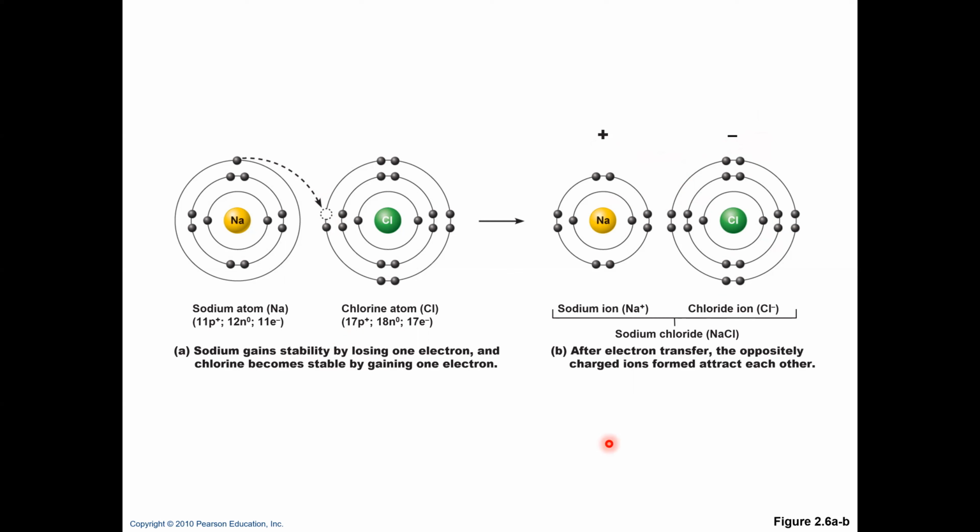And this attraction is called an ionic bond, right? So in this situation, chlorine is a more electronegative atom, so it has better affinity for electrons. So it's going to steal this electron from sodium and become a negatively charged ion, right? So that's how ionic bonds are formed.